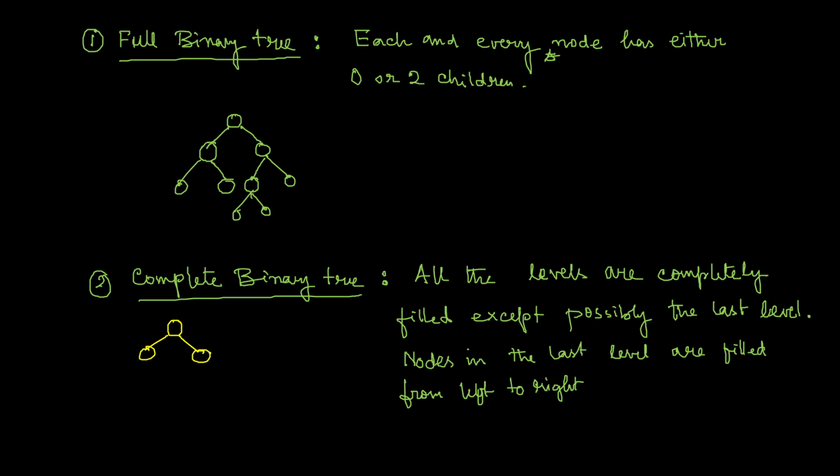This is also a full binary tree, and also it is a complete binary tree, but still it is not visualized properly. What it is saying is that all the levels are completely filled except possibly the last level. So this is level 0, this is level 1.